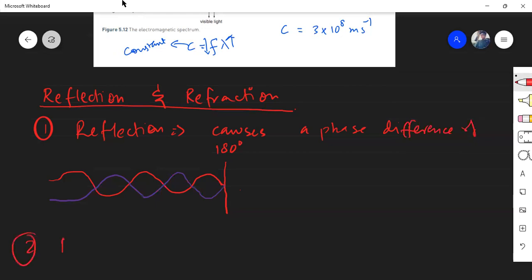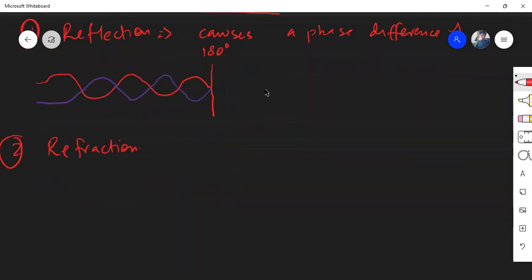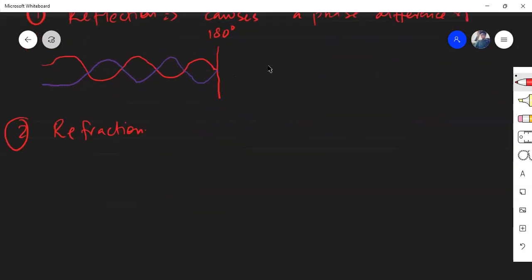The second thing is refraction. Refraction is basically how waves behave in different mediums.